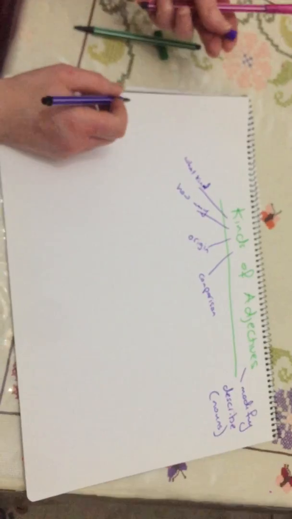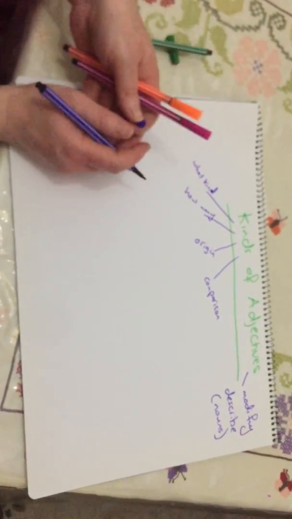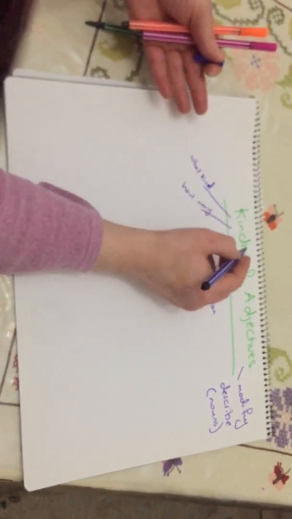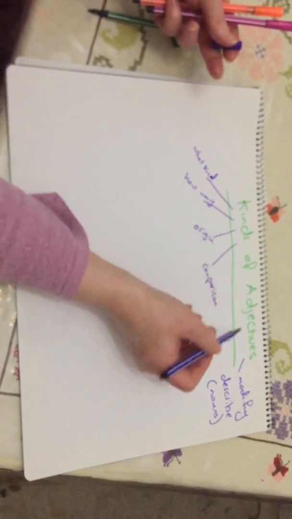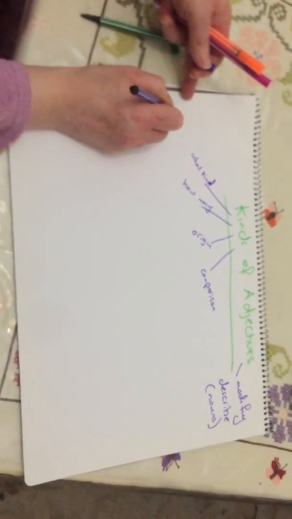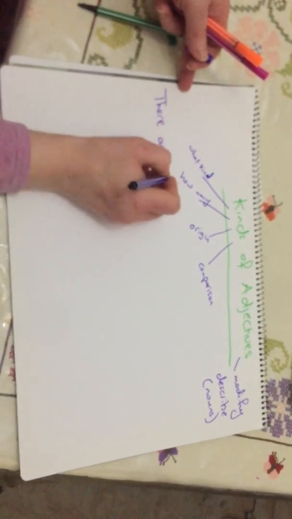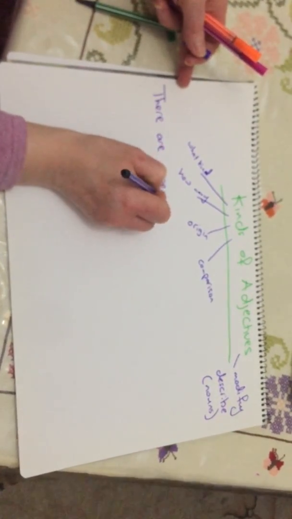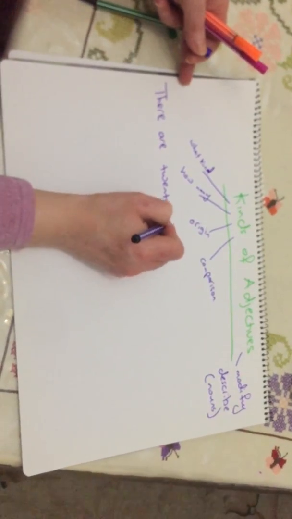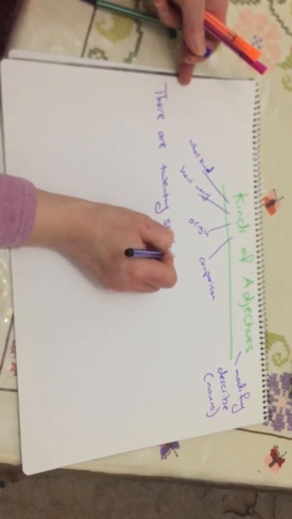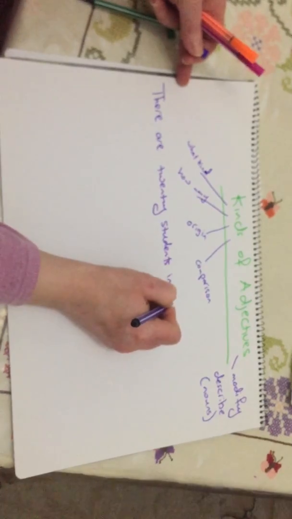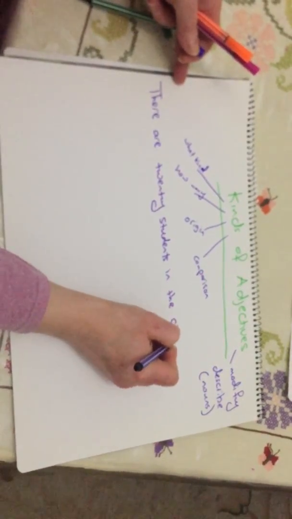Let's take these sentences, and through the examples we'll explain what we mean by kinds of adjectives, okay? Let's say there are 20 students in the class.